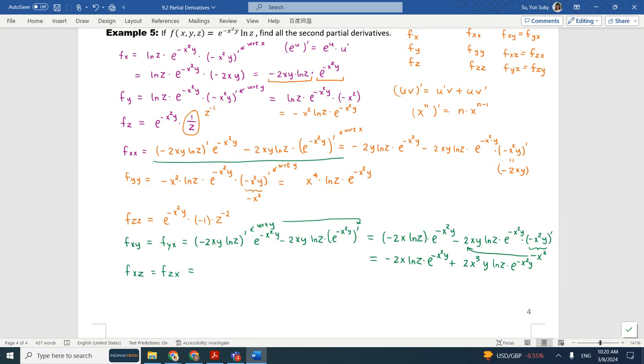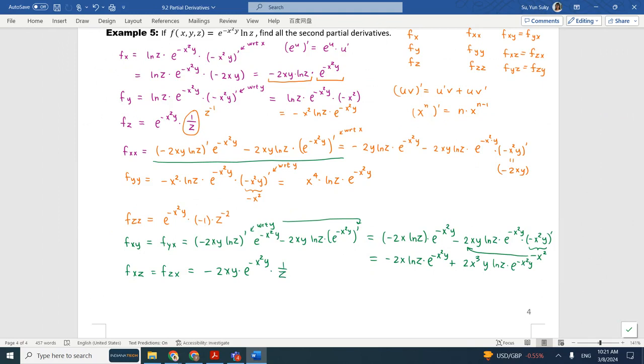Using z is much nicer because this is like a number, this is like a number. You only take the derivative of ln z, right? So we copy down minus 2xy and we copy down e to the minus x squared y. What's the derivative of ln z? 1 over z. This one is easy, right?